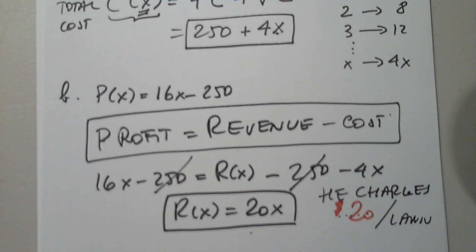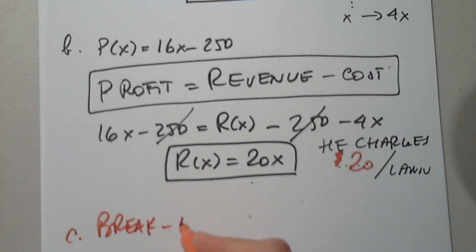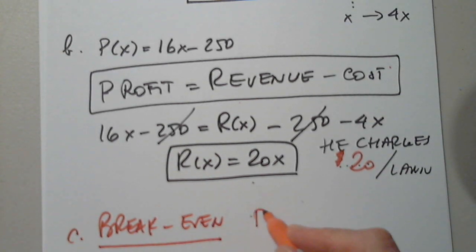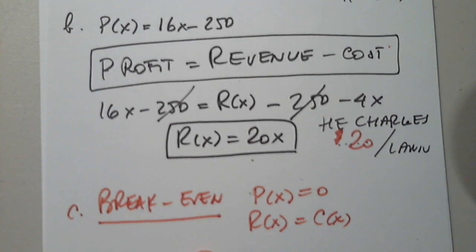Part C. How many lawns must Jamal mow before he begins making a profit? So there is something called break-even point, or break-even. The break-even is when the profit is 0, or when the revenue equals the cost.